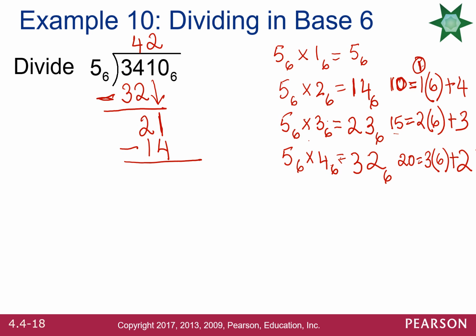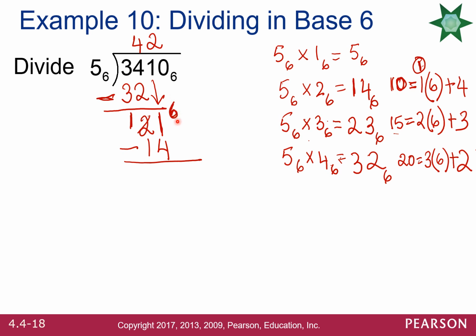Now this time, as you see, 1 is less than 4, so we have to do some borrowing here. We are going to borrow one bundle of 6 from the 2. And when that happens, this 2 is going to lose one bundle, and it's going to become a 1, and we are going to write a 6 over here on the right side.